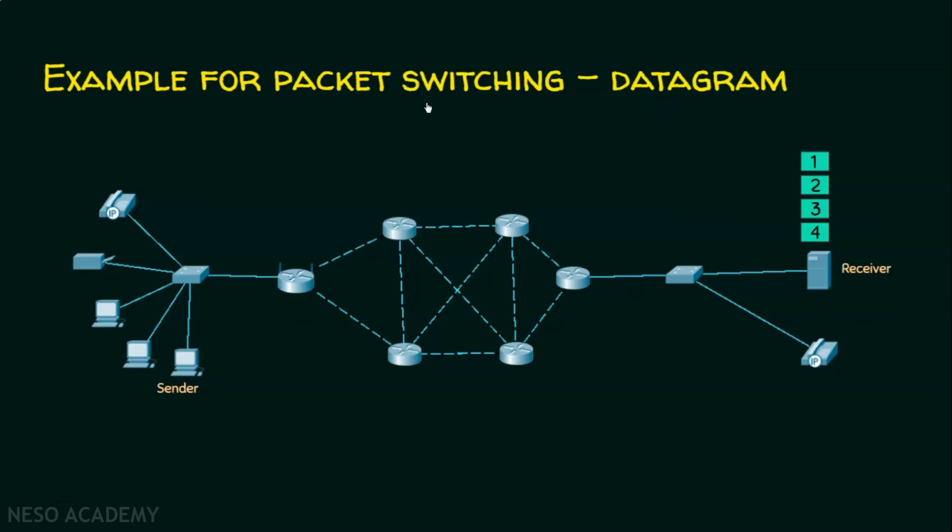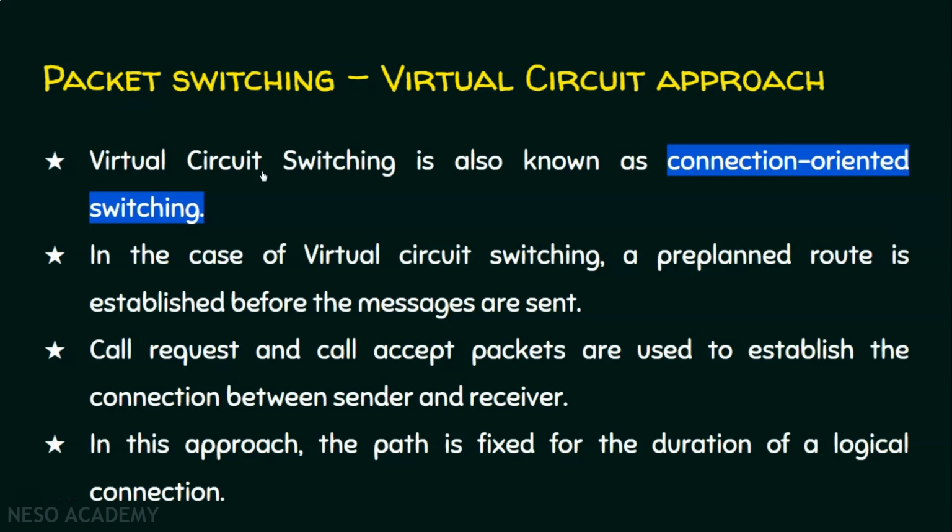We have one more approach in packet switching, that is the virtual circuit approach. Virtual circuit switching is also known as connection-oriented switching. In the previous case, the datagram approach, it is connectionless, where every individual datagram takes a different route. But here, in virtual circuit switching, a pre-planned route is established before the messages are sent.